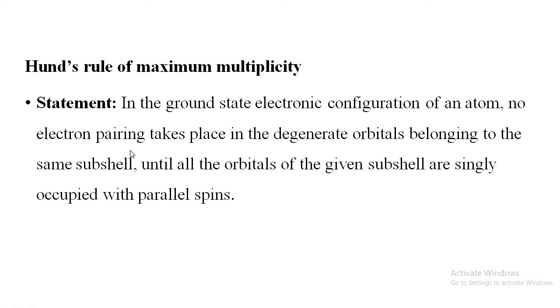That means no pairing of electrons takes place until all the available orbitals have one electron each. That means when all the orbitals are occupied by one electron, then only the pairing takes place.